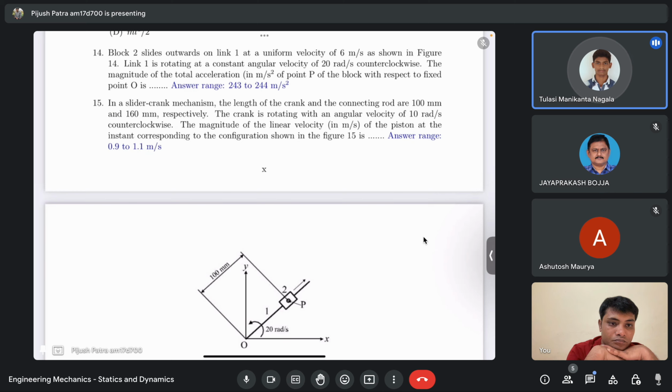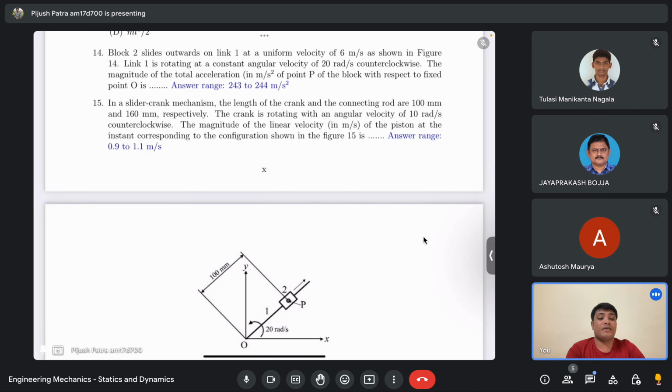It will be giving minus i cap minus j cap. That means it is pointing towards the point O.